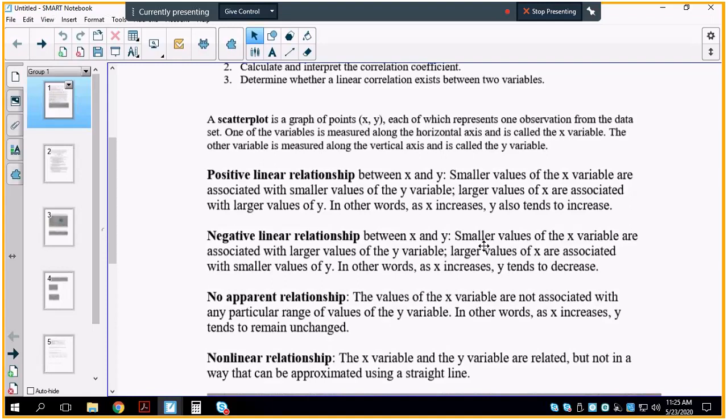So what we have learned so far, if we draw a pair of values where the first value is x and the second value is y, then we get a scatter point. A graph consisting of a bunch of scatter points is called a scatter plot.